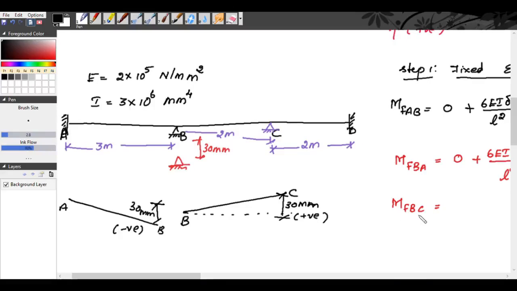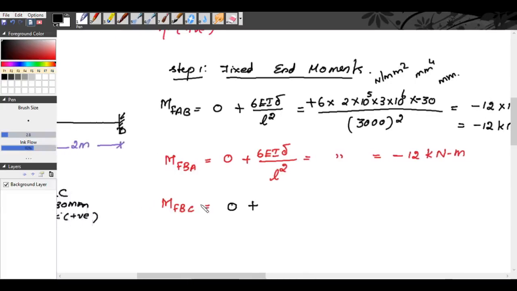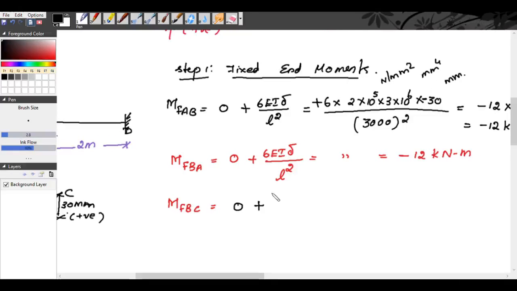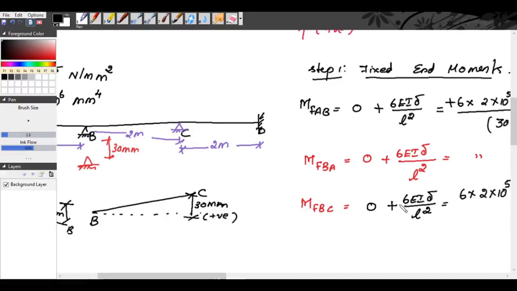So now MFBC will be equal to, we don't have any external loads, so it is a 0 plus, when we take BC, C is intermediate support, so that should be considered as fixed support. So 0 plus 6 EI del by L square. So 6 into E is 2 into 10 to the power of 5 into I is 3 into 10 to the power of 6 into, here delta for BC, delta is taken as positive.